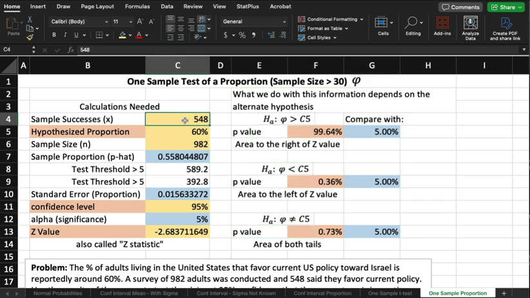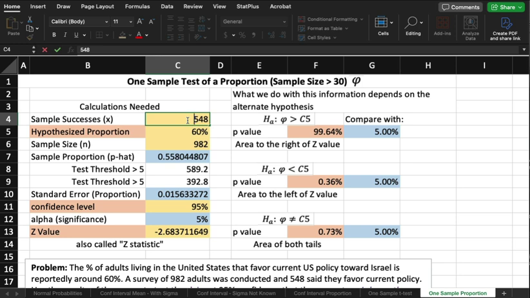All right, so let's look at each of these numbers. In C4, because we were given the number of adults that reportedly said yes, that is our X. The 548 is our X. That's the number of responses that were in support of what we're studying here, what is considered to be a favorable response.